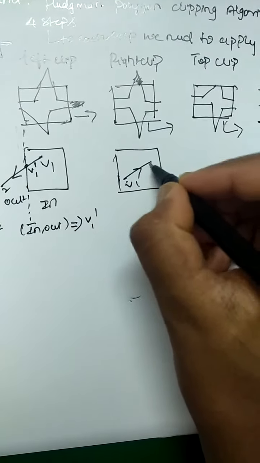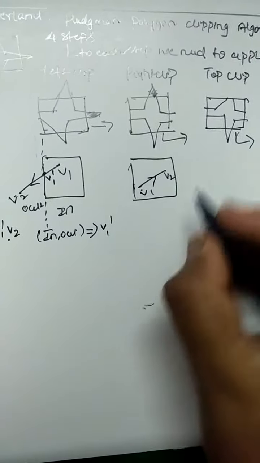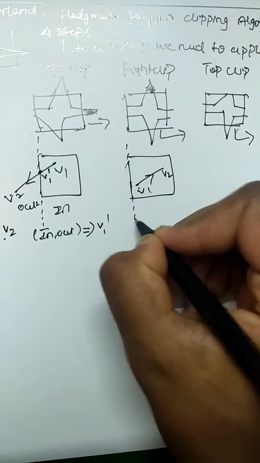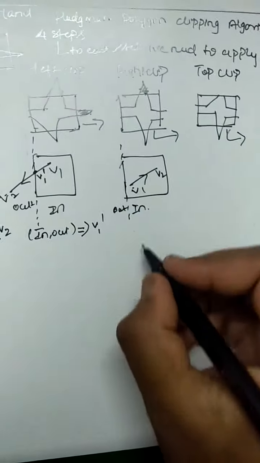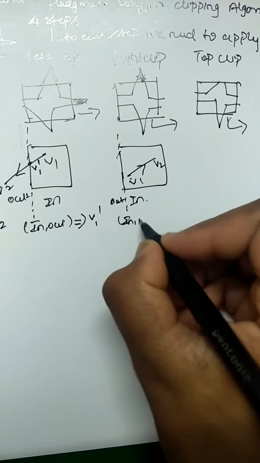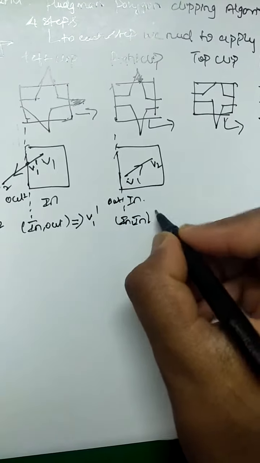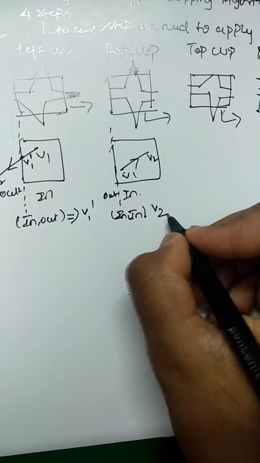So V1 to V2 in this direction, and this is the out and this is the in portion of the window. If it is in to in, then I have to take the second vertex V2.